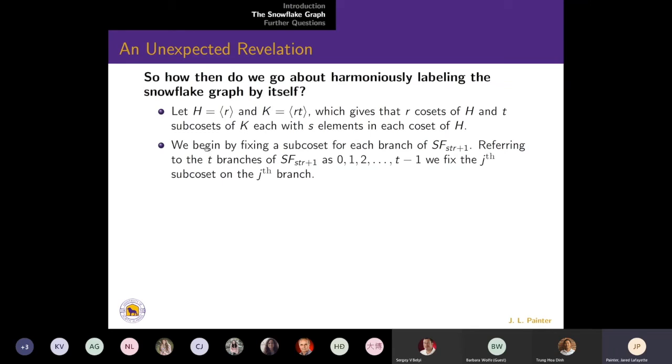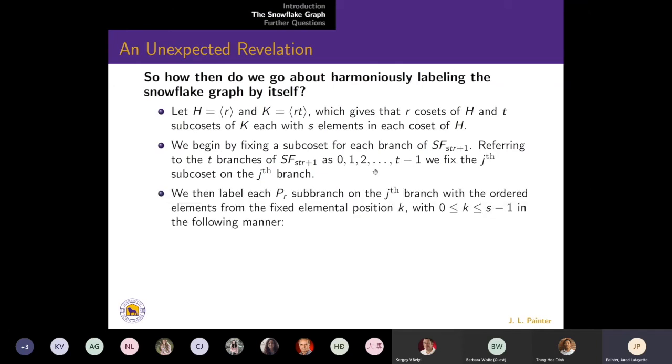And then what we do here is we fix a subcoset for each branch of the snowflake graph, different from the coset. So fix a subcoset, and then we take the T branches and refer to them as 0, 1, 2, up to T minus 1. So each of those branches is going to refer to a subcoset location, not a coset location like we thought before.